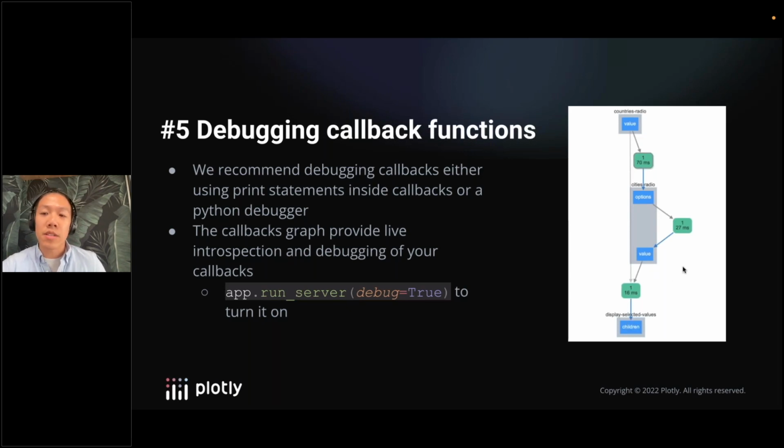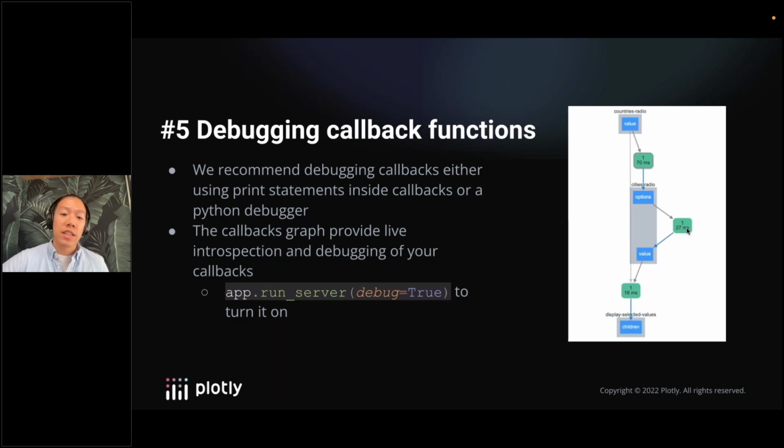The blue shapes represent input and output component properties that are used in callbacks, and the green bubbles represent the callback functions themselves. This callback graph will tell you whether or not a callback was successful, the number of times the callback was fired, which is this number up top, and then the amount of time that a callback request took, which is this number down below in milliseconds.